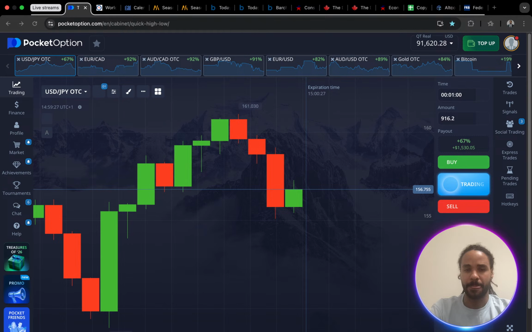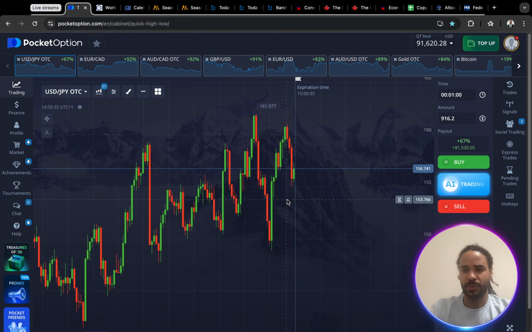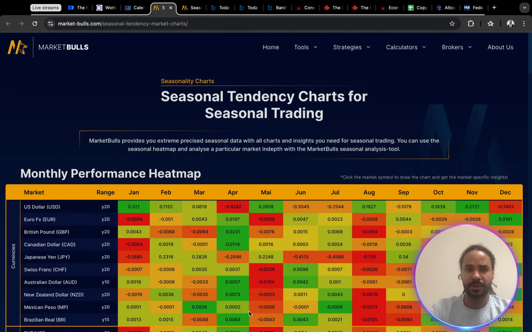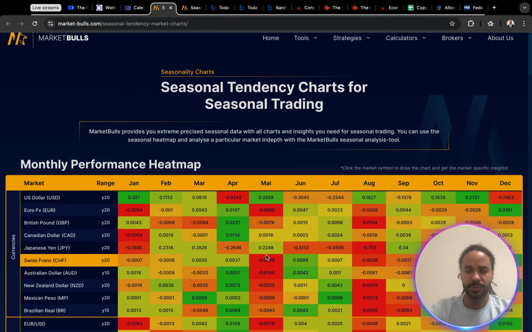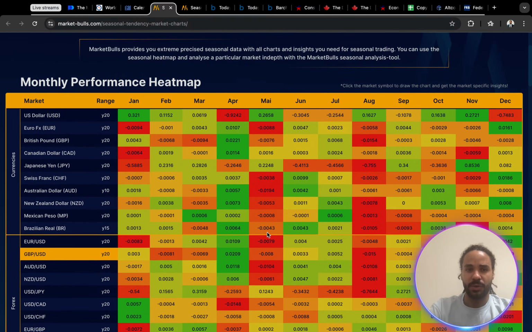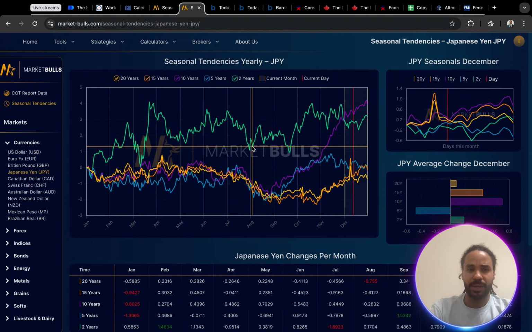Alright guys, now when it comes to seasonality again, you want to check this. It's a simple website, Market Bulls. Always keep this in your mind, right? If you break it down, you want to see how some of these pairs actually react just by using this seasonal tendency chart.